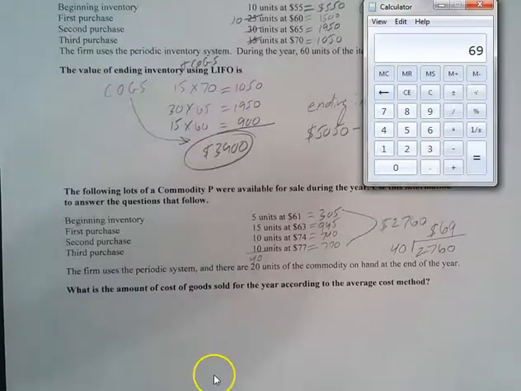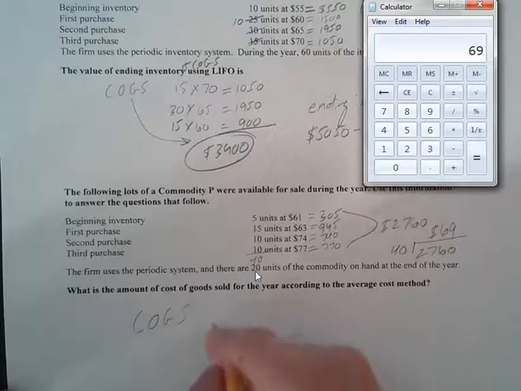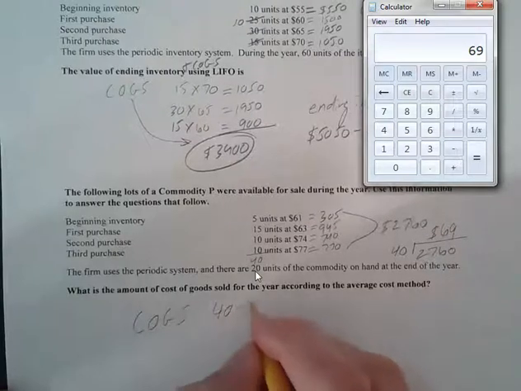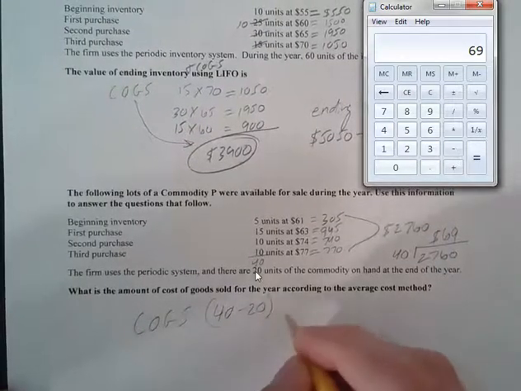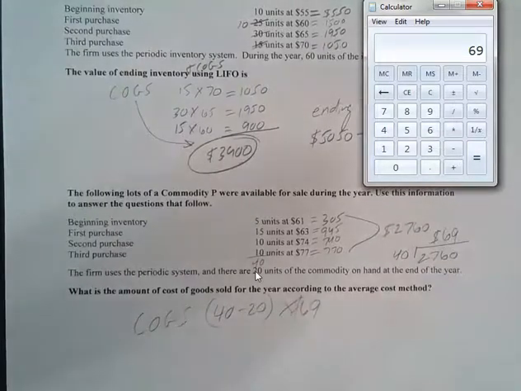All right. It says that there are 20 units of the commodity on hand at the end of the year. If we had 40 available and now we have 20, that means we sold 20. So all we do is we say cost of goods sold equals 40 minus 20 times 69.